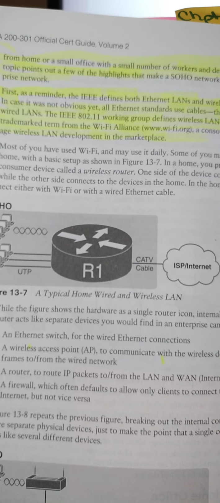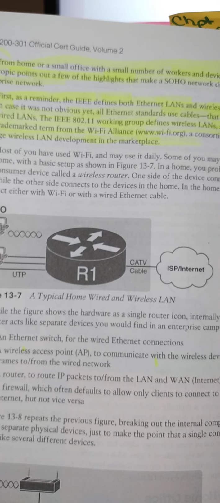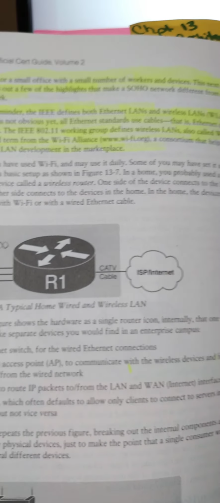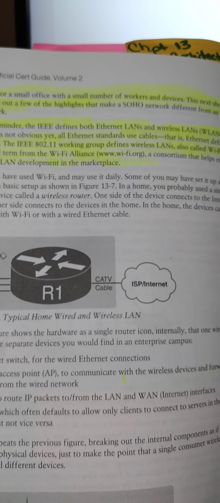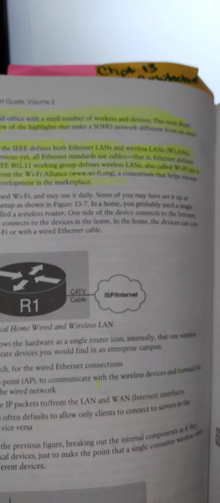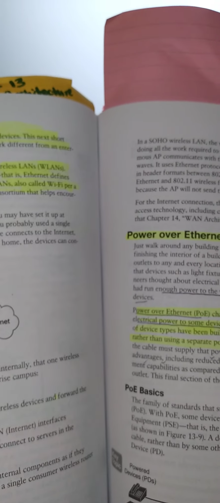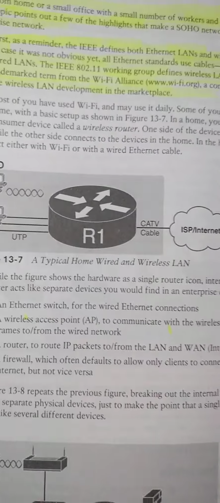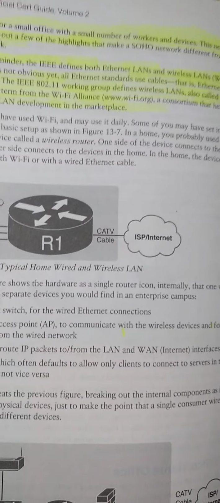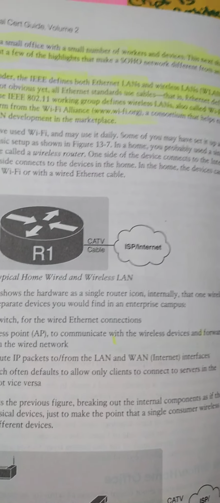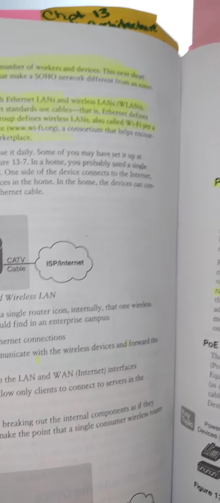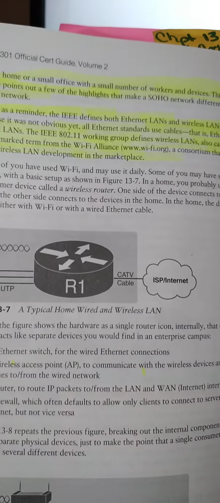One side of the device connects to the internet, while the other side connects to the devices in the home. While the figure shows the hardware as a single router icon, internally, that one wireless router acts like separate devices you would find in an enterprise campus.